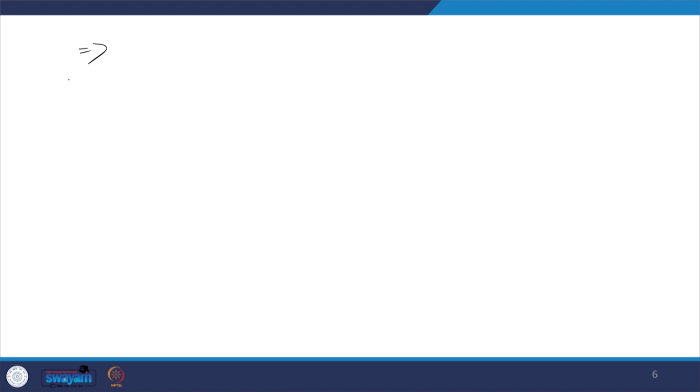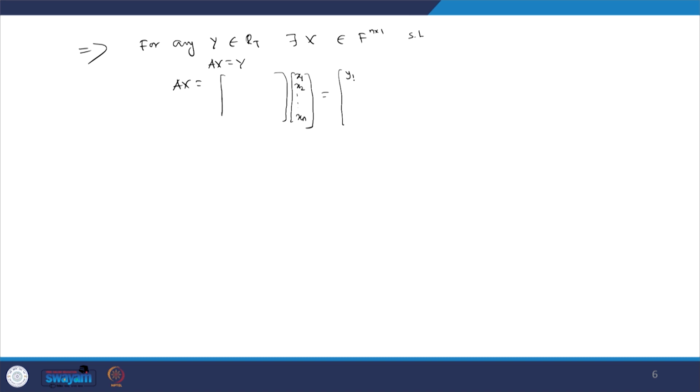Okay. So, this implies for any y belonging to R T, there exists x belonging to F n cross 1 such that A x equals y. But A x is something like this: the matrix A, that is your a i j matrix, times x 1, x 2, x n, equal to say y 1, y 2, y m.